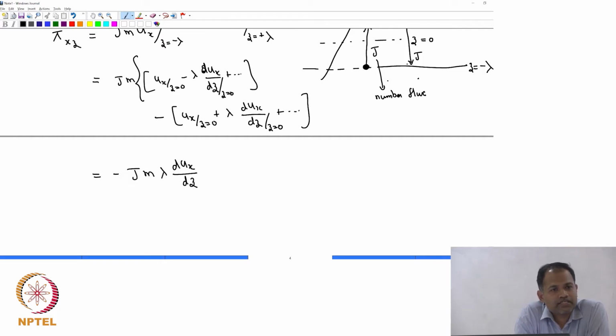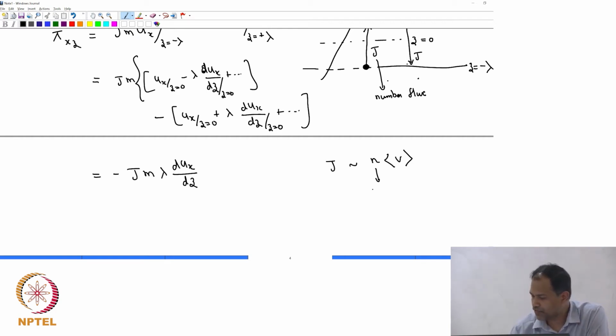Okay. So, J is number flux, and a reasonable way of telling J is that J is equal to the molar concentration. So, essentially the number of molecules per unit volume into, let us say, some average velocity.